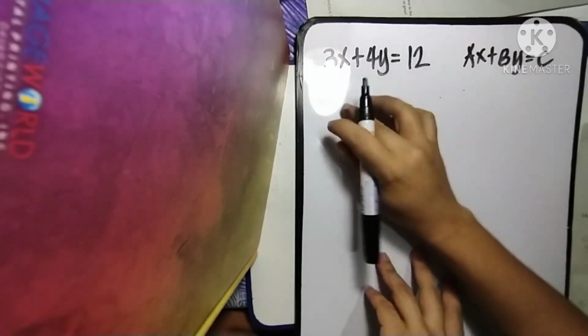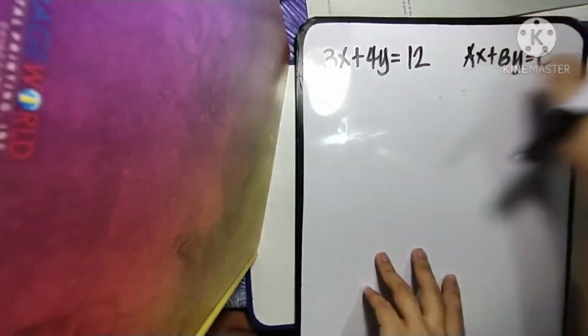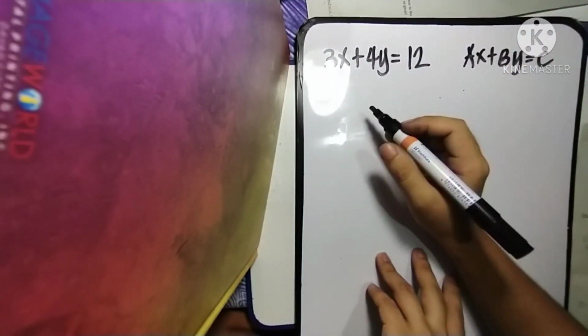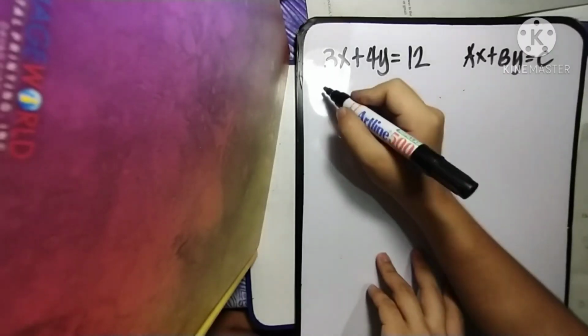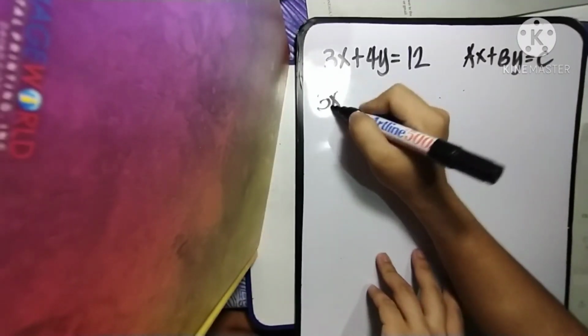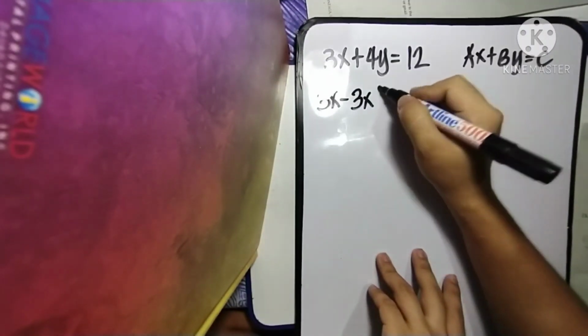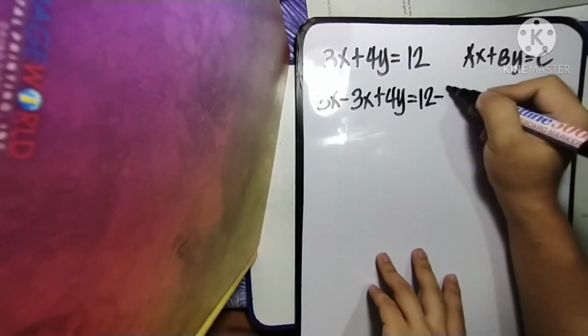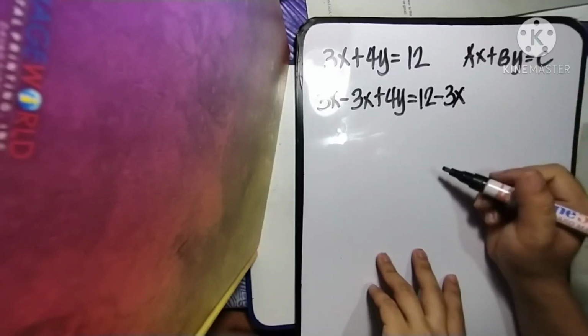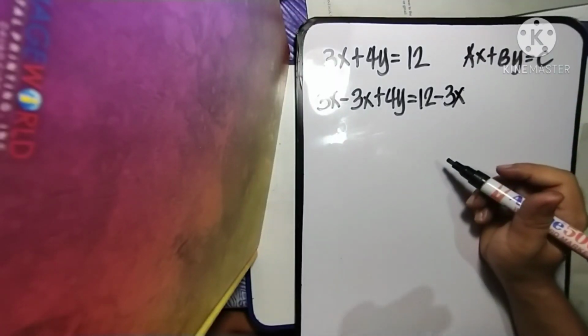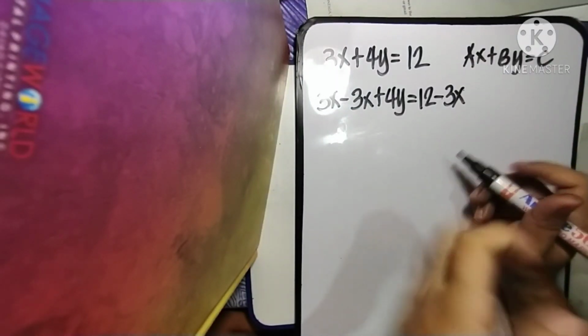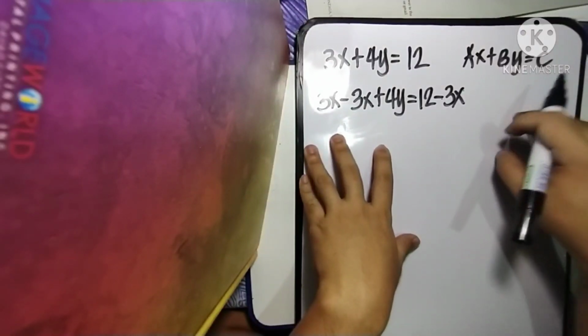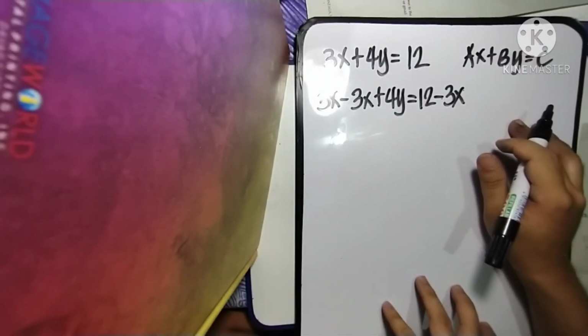Okay, so itong i-transfer sa 3x to the right side by applying subtraction property of equality. So we have 3x minus 3x plus 4y is equal to 12 minus 3x. Okay, so in applying subtraction property, nag-minus sa pikas, mag-minus sa pikas to maintain the balance of the equation.